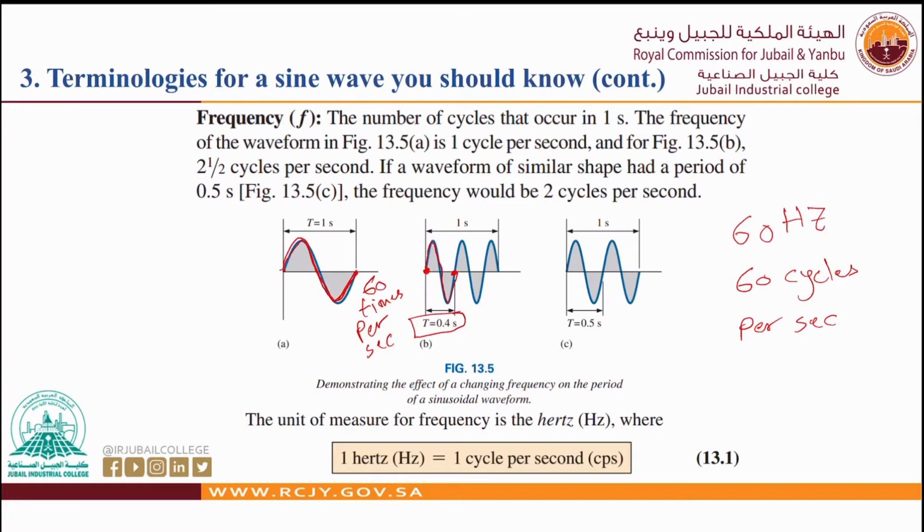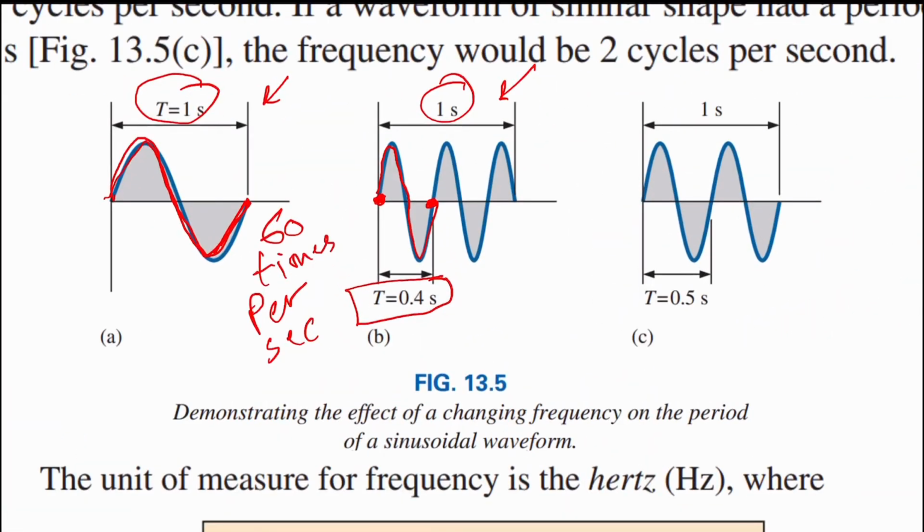So I should have more frequency here than here, because this one is 1 second and this one is 1 second. Please guys focus here. I have 1 second here for the time period, and this is 1 second. One wave, one cycle in 1 second.